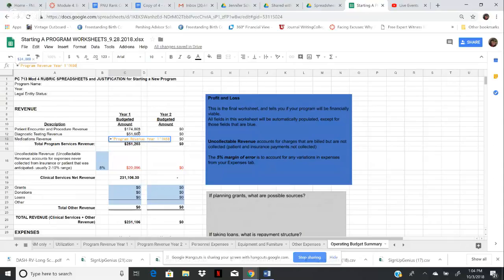It says program revenue year one, exclamation point, K60. So those formulas are built in, and if you find a field at some point while you're working on your spreadsheets that says #REF, that means that the formula is messed up.